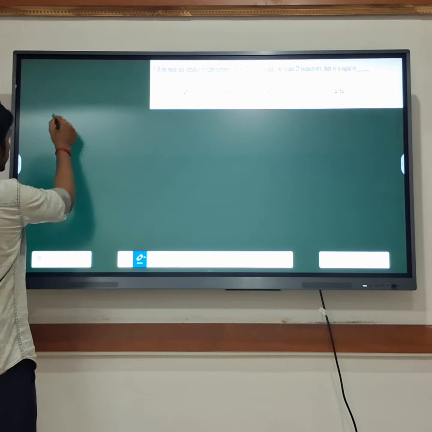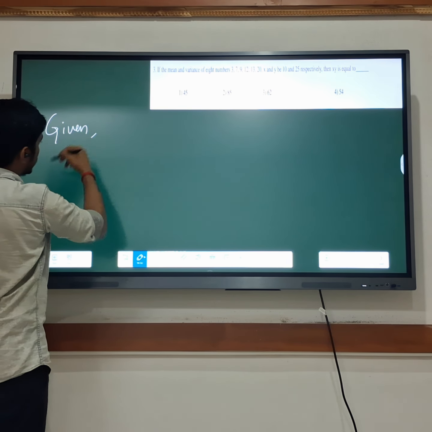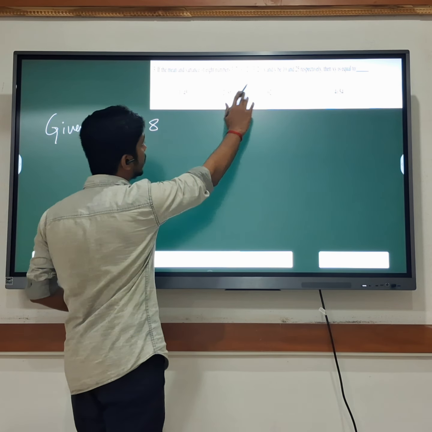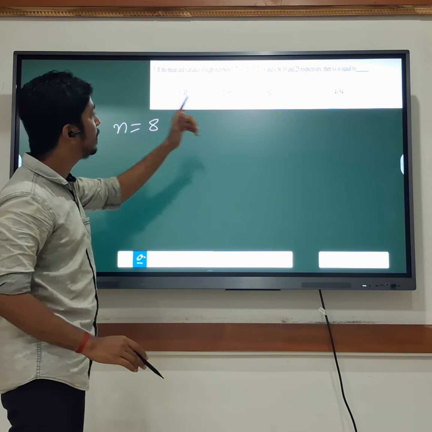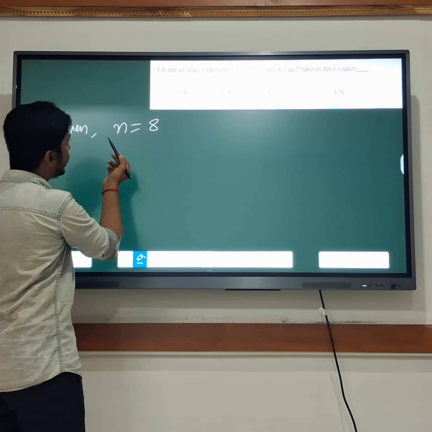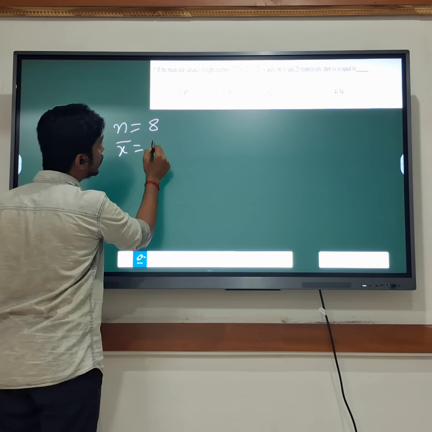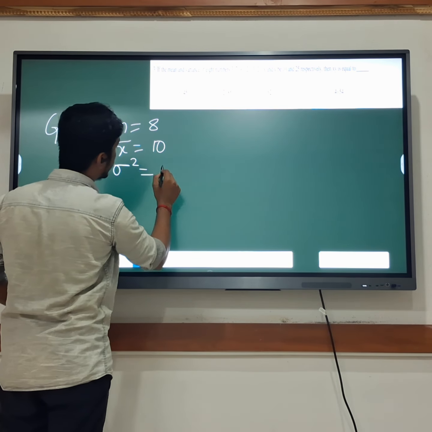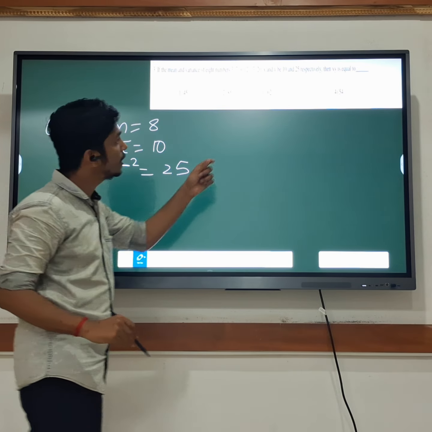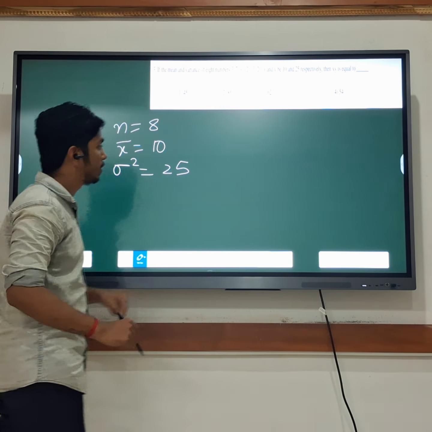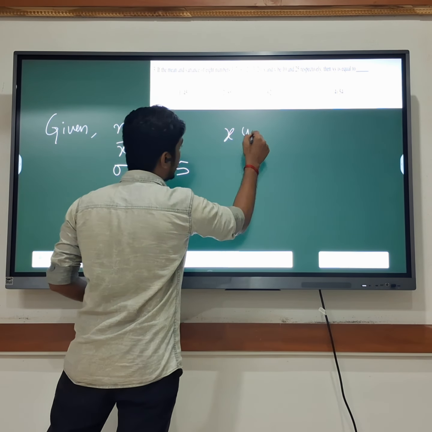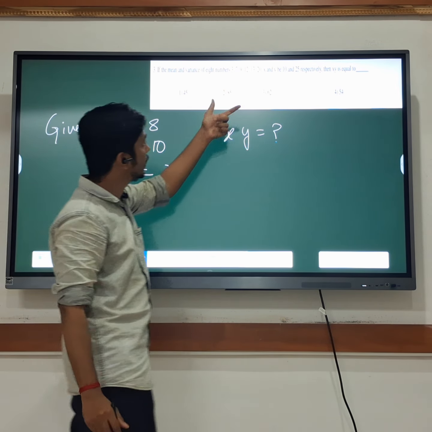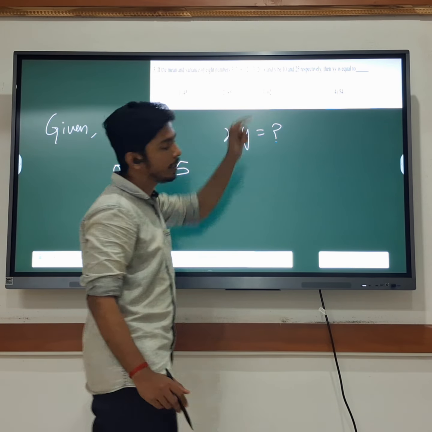So first write n is equal to 8. x and y are also there.